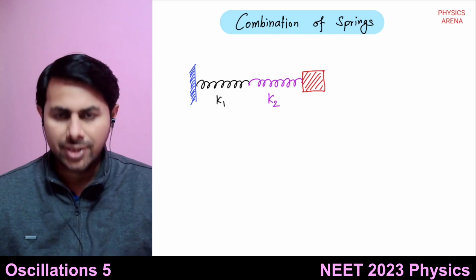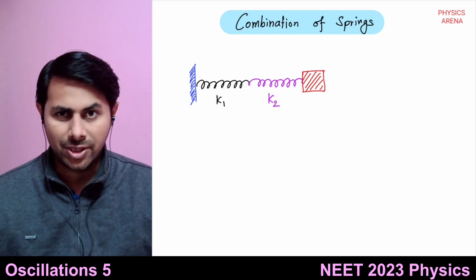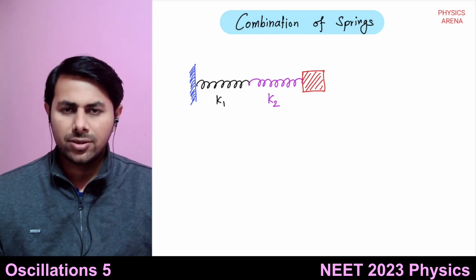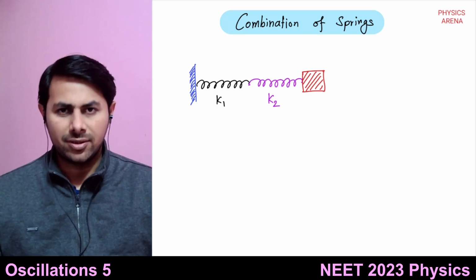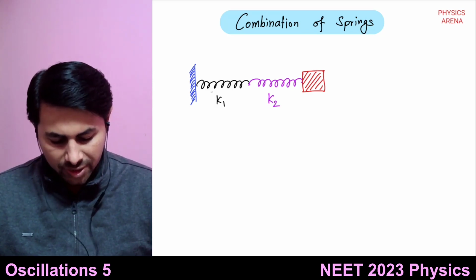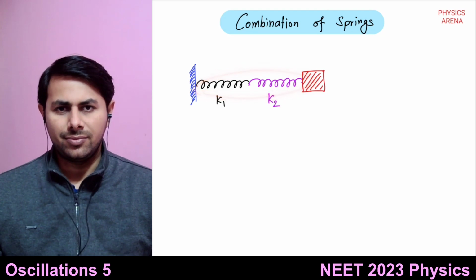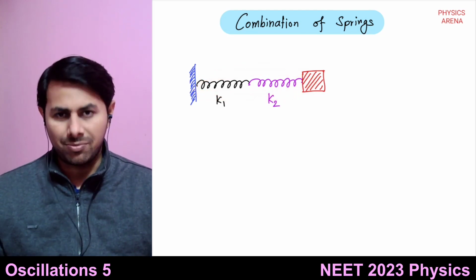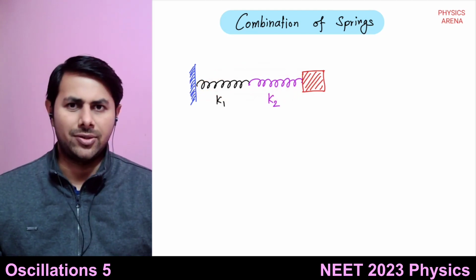So this kind of combination is known as series combination. What is the effective spring constant of this system when we connect them in series combination? That's what we want to find out.